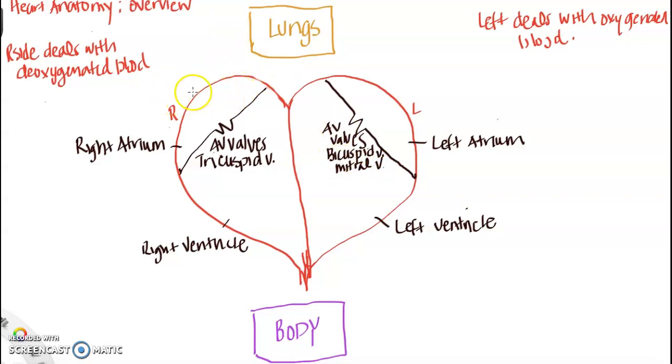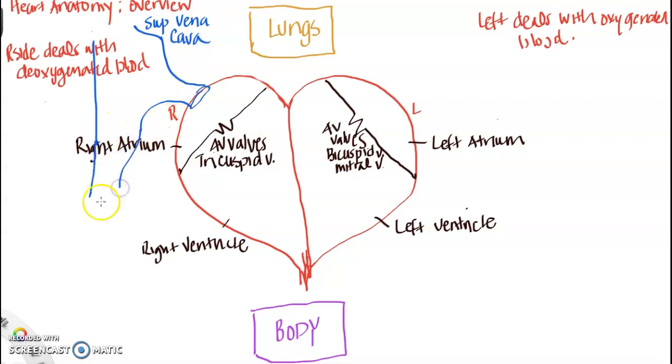So if we start with the right atrium, it's going to receive blood from two sources, the superior vena cava and the inferior vena cava.